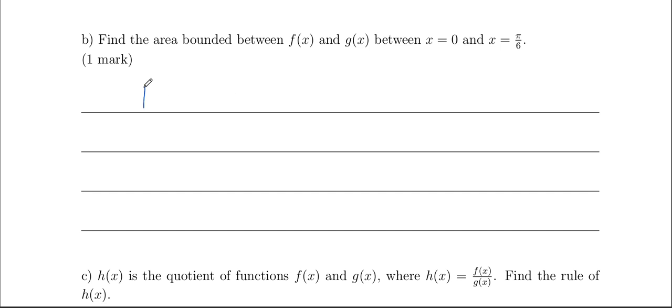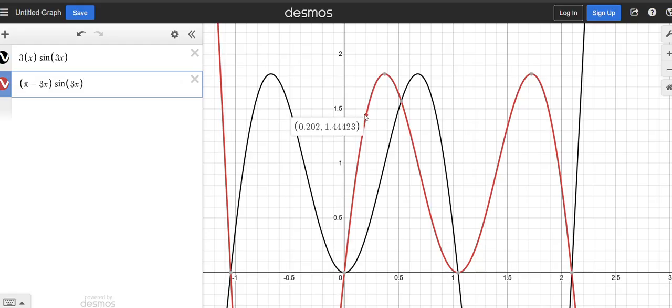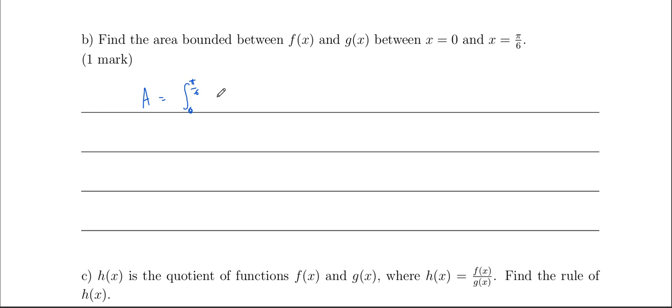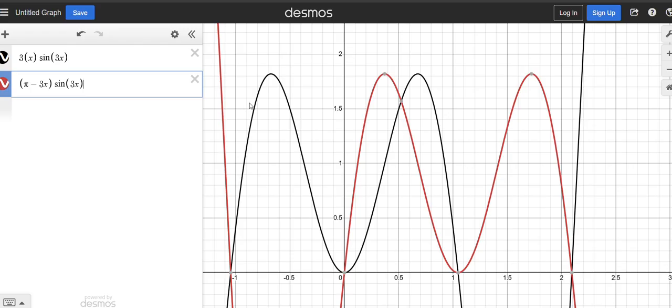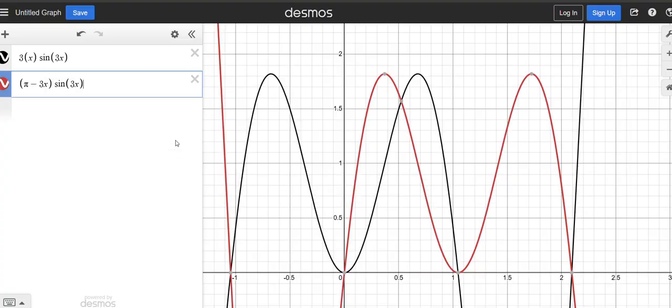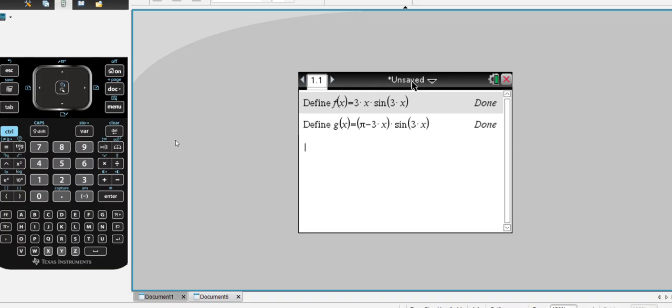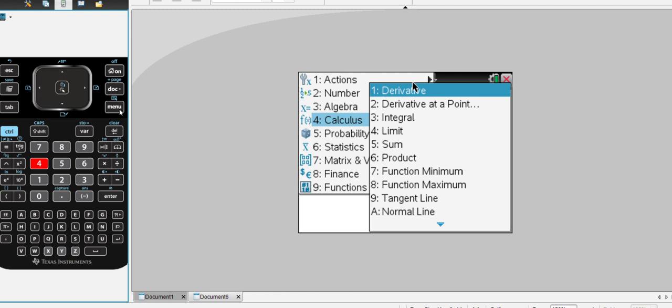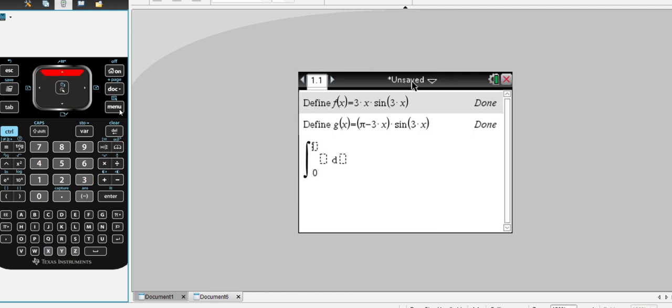So it's going to be the integral from 0 to pi on 6 of the top function, which is g of x, minus f of x, which gives us 0 to pi on 6.